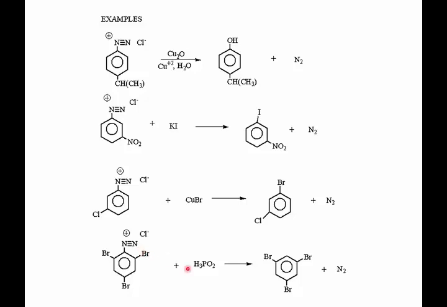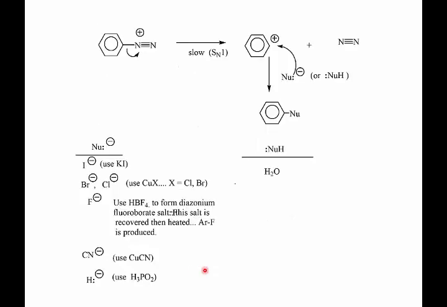Here we treat it with hypophosphorous acid. If I'm a student, I would have trouble seeing that as a hydride donor, so you want to put that on your list. It's actually a reducing agent, donating a hydride ion.